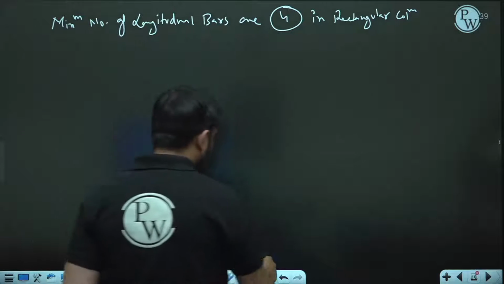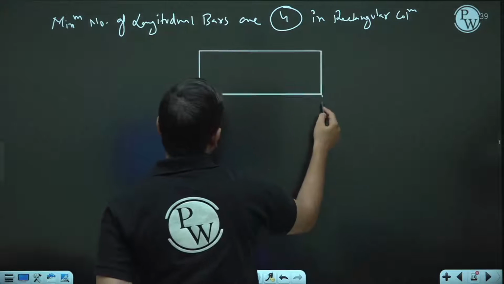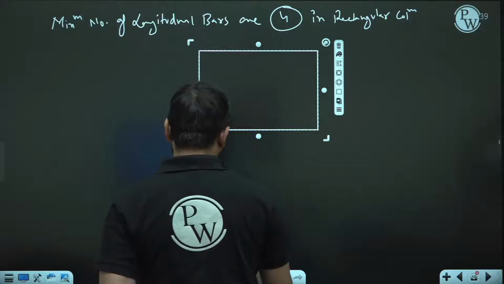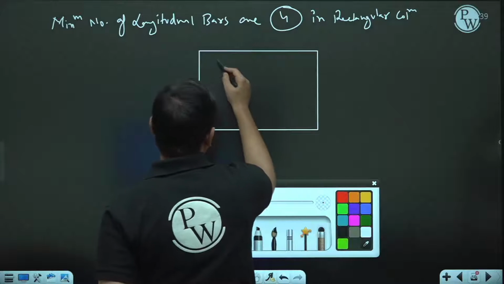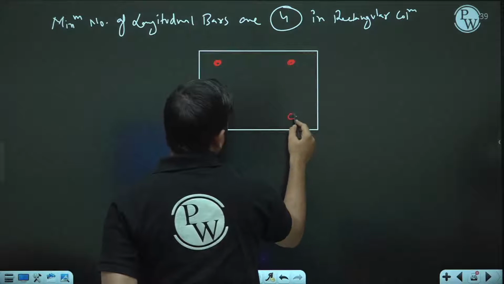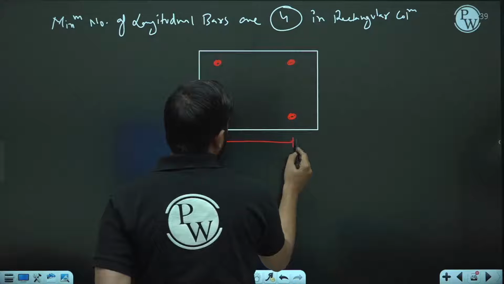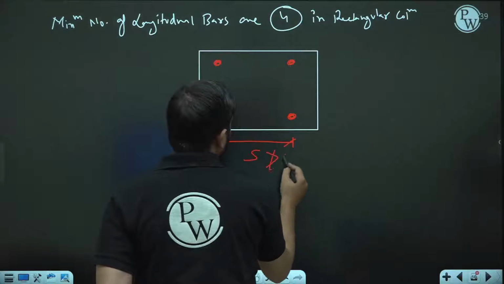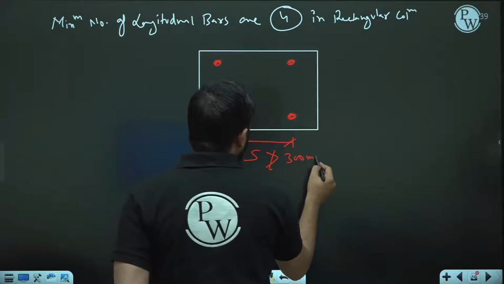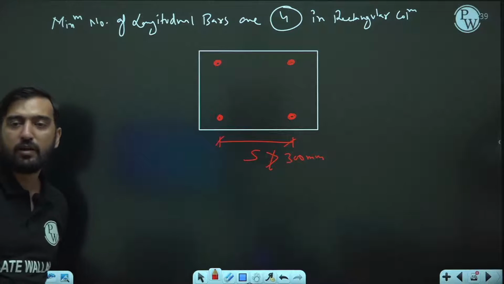Suppose I have a column of cross section 500 by 300.